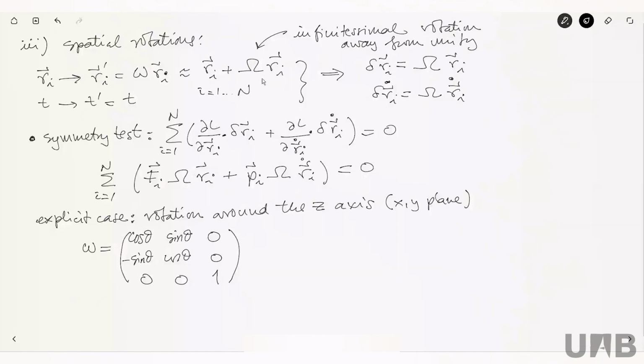Okay, but now we have to extract from this omega, which is the full rotation matrix, the capital omega, which is the infinitesimal variation, which means that we have to expand for very small angles, theta much smaller than 1, okay? Very small angles.